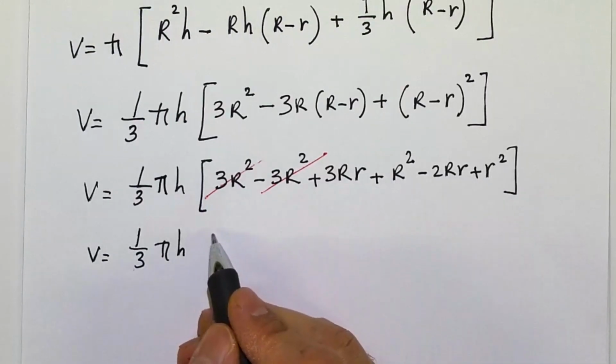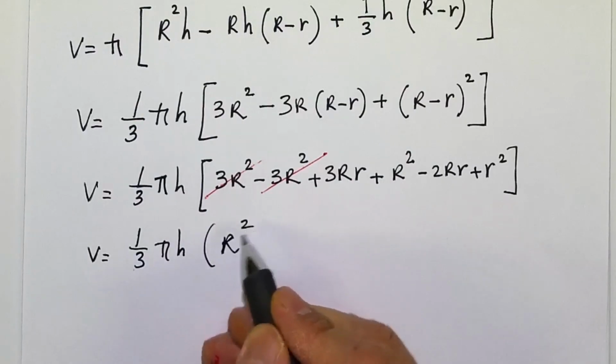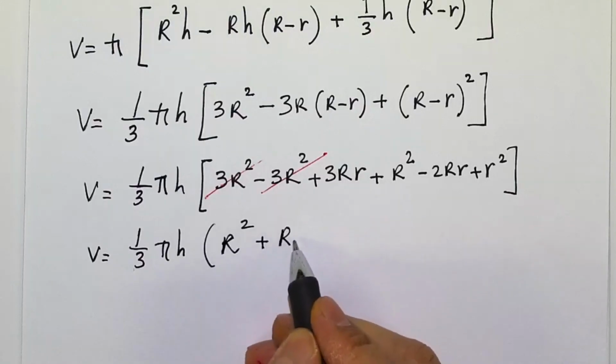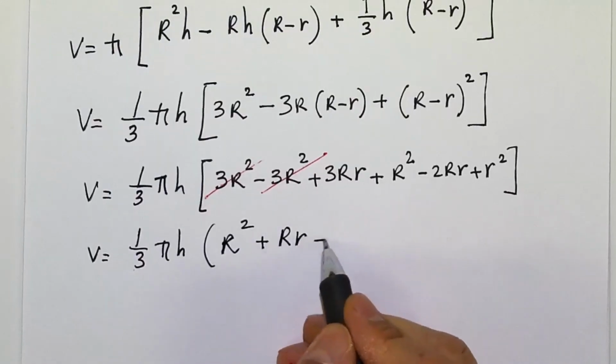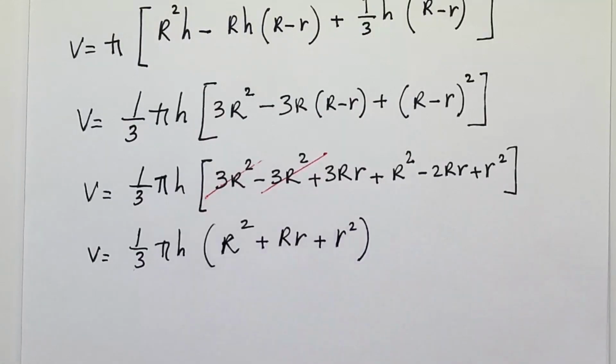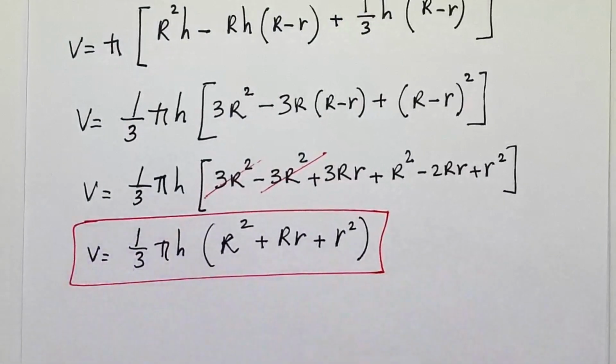So we have r squared, capital R squared, plus that term, plus r squared, and that's that. Okay, so there's the volume of that solid.